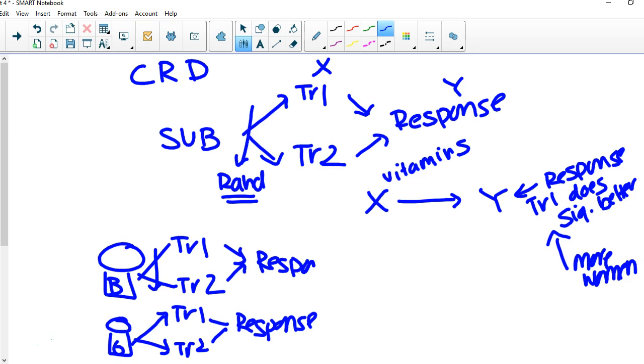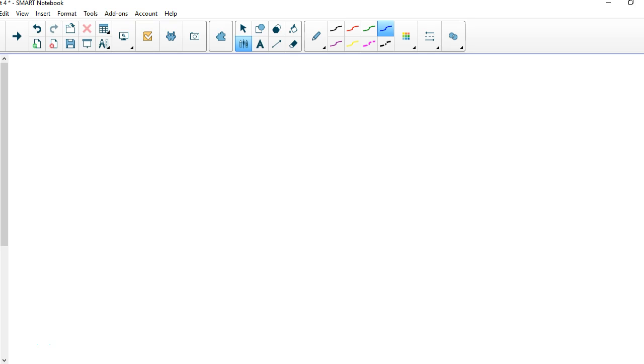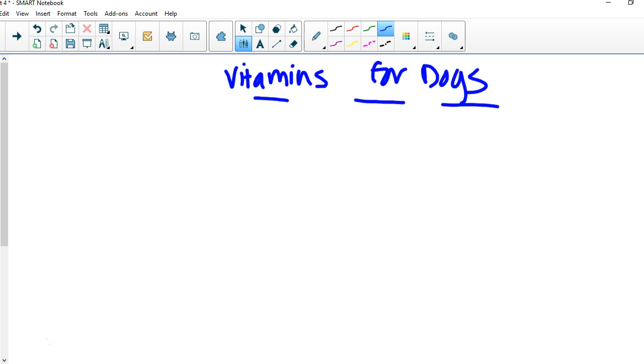How do I block? I block by the variable that's more important. For example, if I'm talking about vitamins for dogs, does it make more sense to block by gender? Or does it make more sense to block by breed?